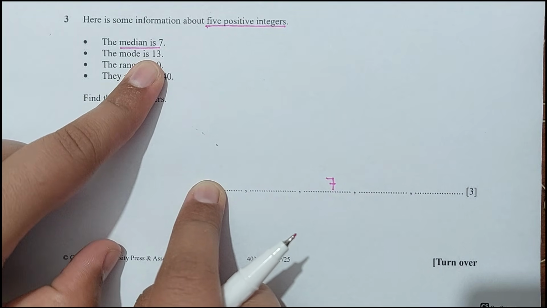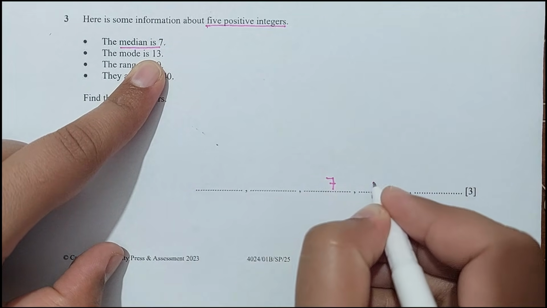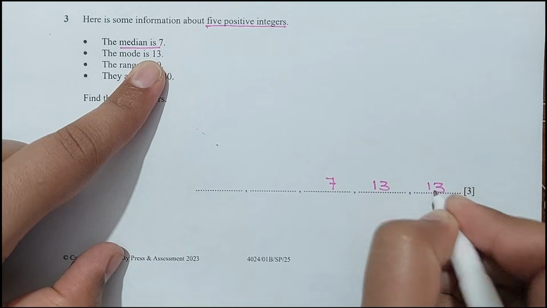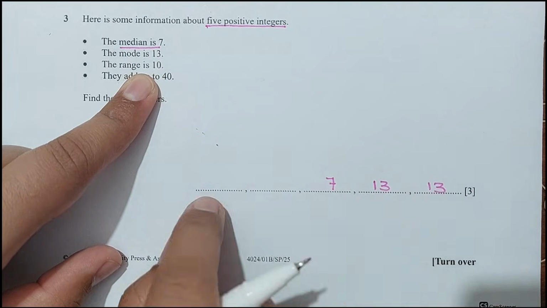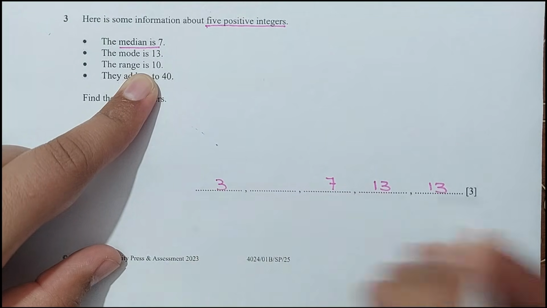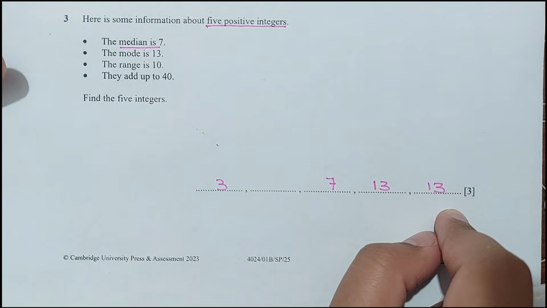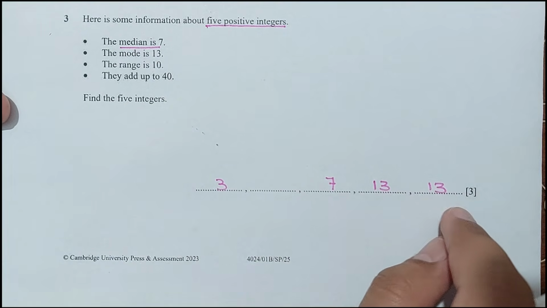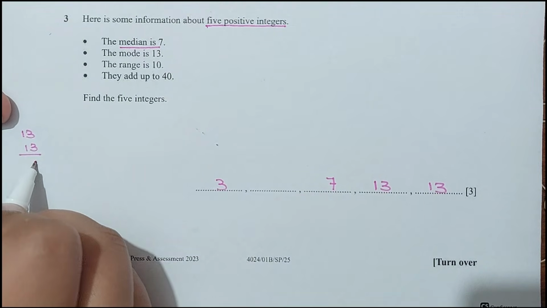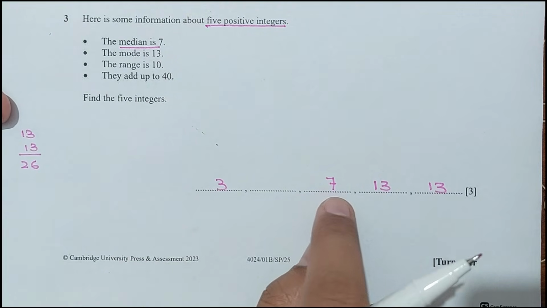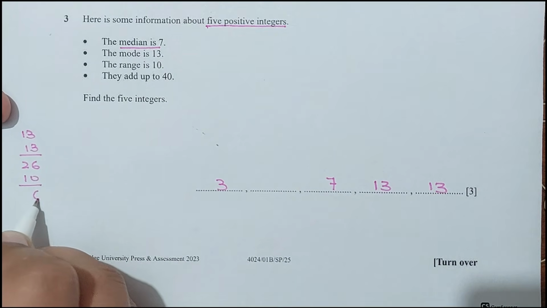The mode is 13, it means there must be 13 more than one time. So let's say 13 appears twice. The range is 10, so the difference between 13 and some number should be 10. 13 and 3 differ by 10, so it would be 3. And when we add all of them, the sum should be 40. 13 plus 13 is 26, and 7 plus 3 is 10, and 26 plus 10 is 36.